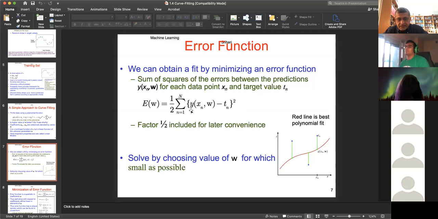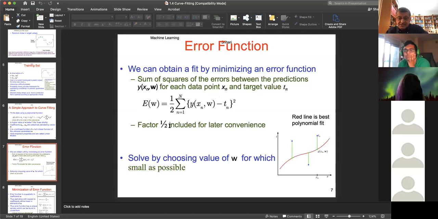And that we refer to as the total error over all the data points. And we multiply it by 1/2 and refer to it as E(W), that is the error associated with W. The factor 1/2 is included for later convenience.